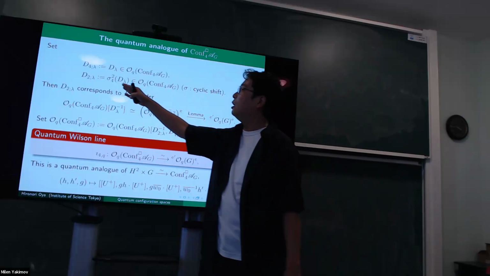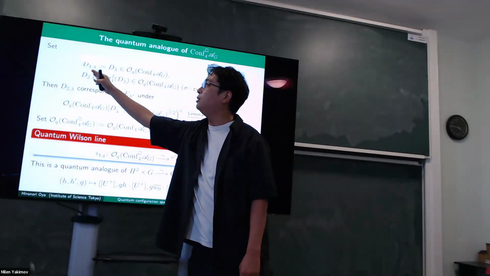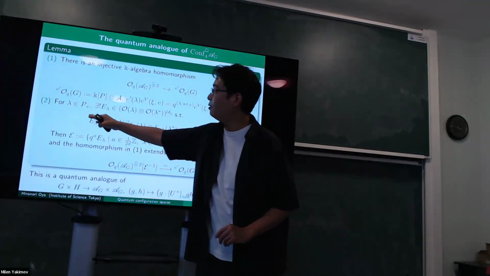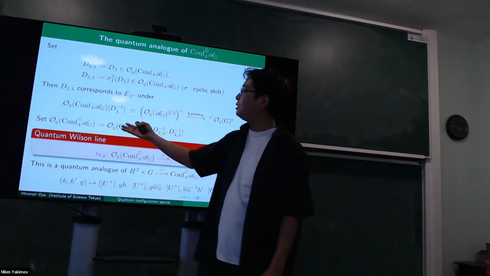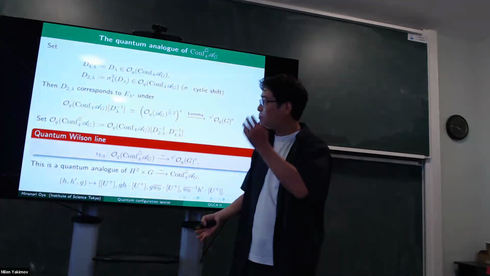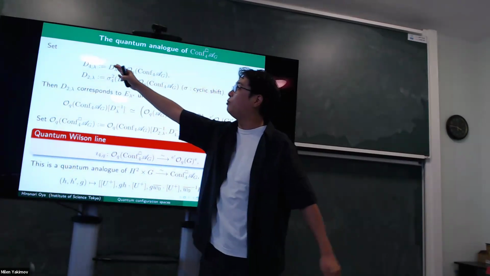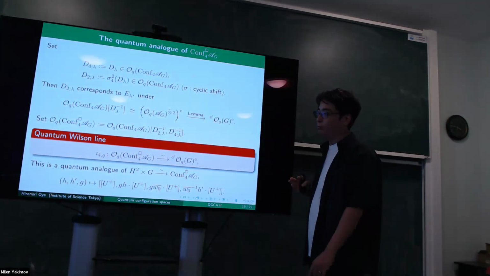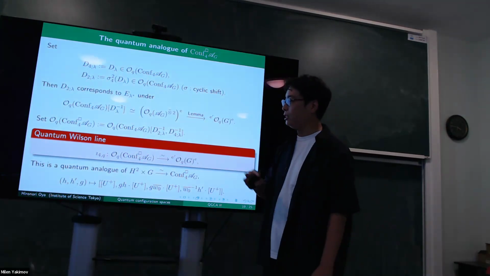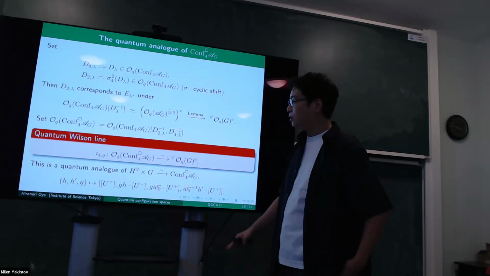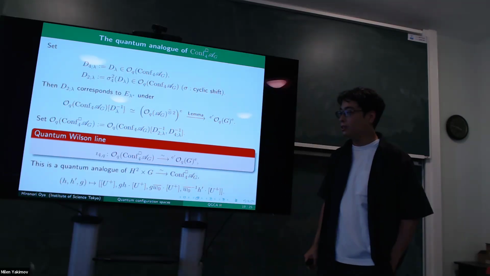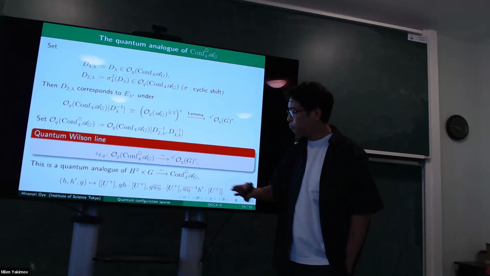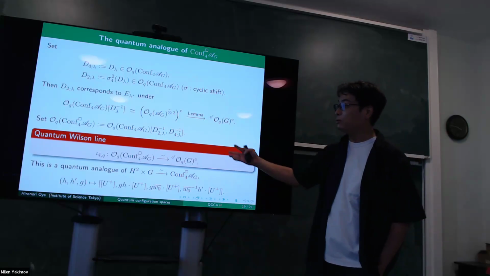Through this morphism, D lambda corresponds to E lambda here. So if we localize this configuration space by D4 lambda and D2 lambda, then it will become an isomorphism. This is the quantum analog of our previous classical isomorphism, isomorphic to OQG extended by two quantities.